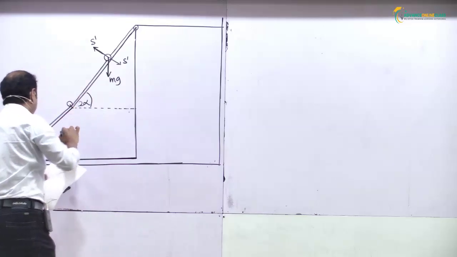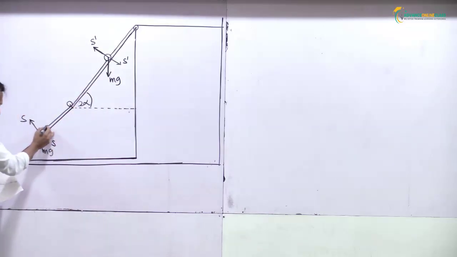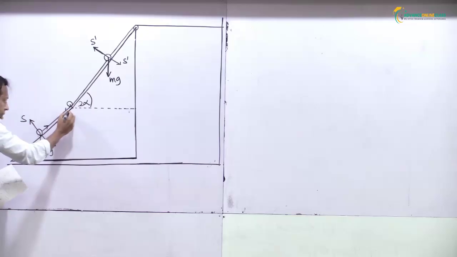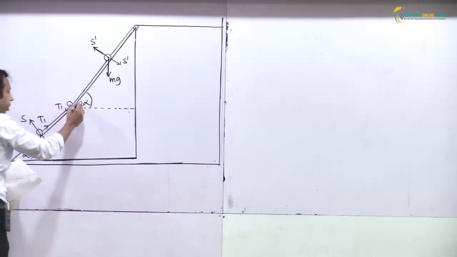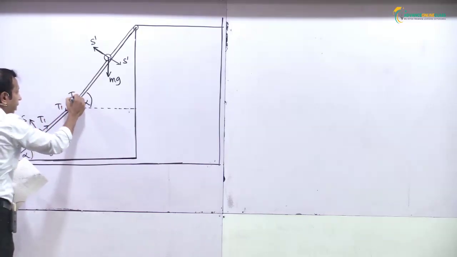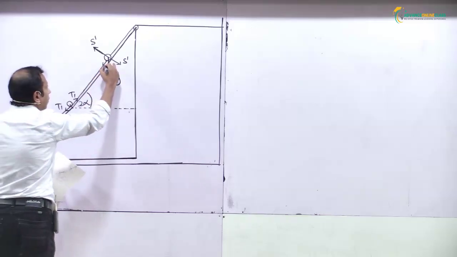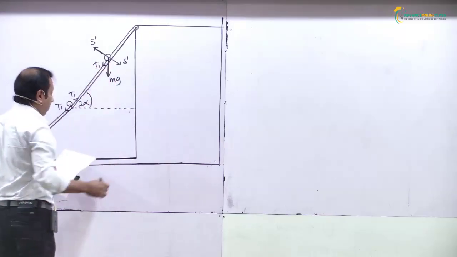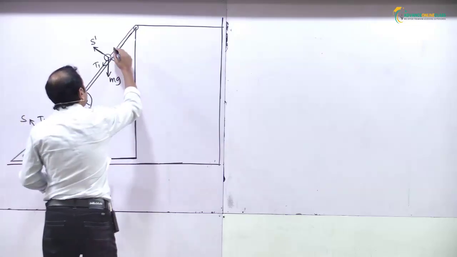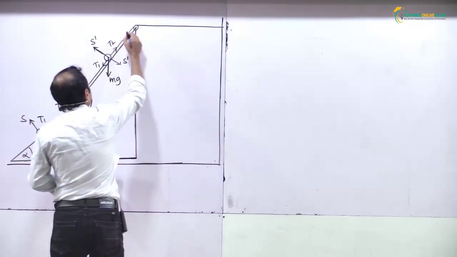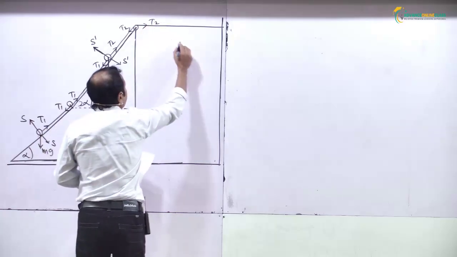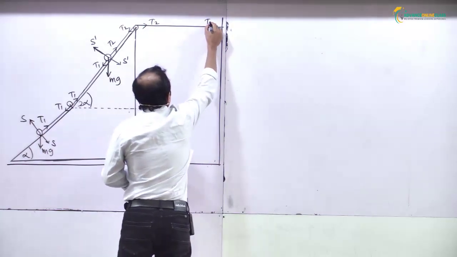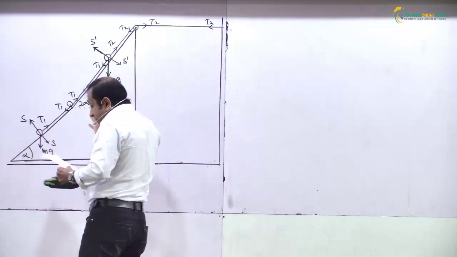Here the same string, this is smooth, therefore T1 here. Here this is another separate string, T2.